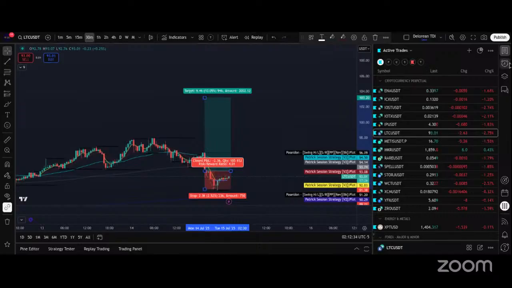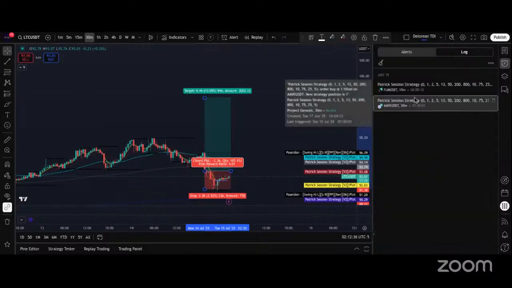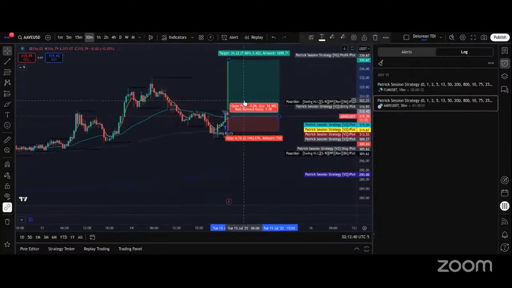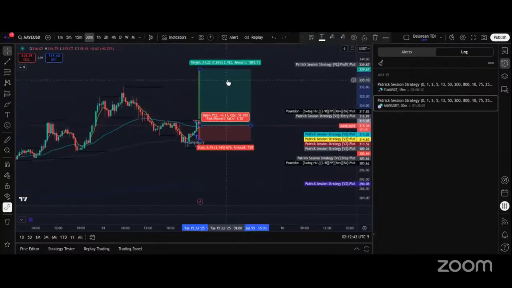All right, so let's go back to AAVE. This is AAVE versus Tether, AAVE USDT.